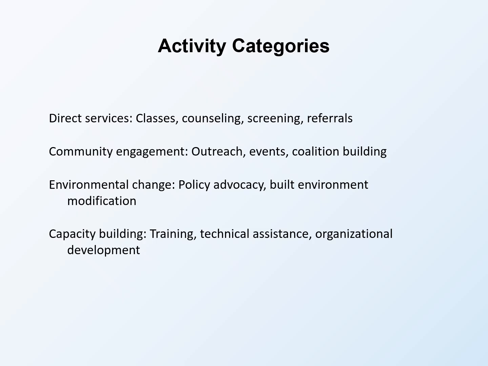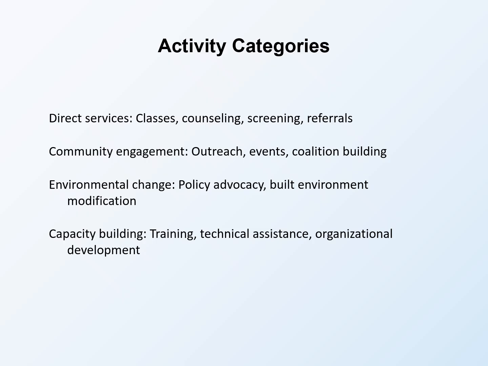Activities fall into several categories, and most programs use a mix. Direct services include classes, counseling, screening, and referrals. You're providing something directly to individuals. Community engagement includes outreach, community events, and coalition building. You're connecting with the community and building relationships. Environmental change includes policy advocacy and built environment modification. You're changing the context in which people make health decisions.